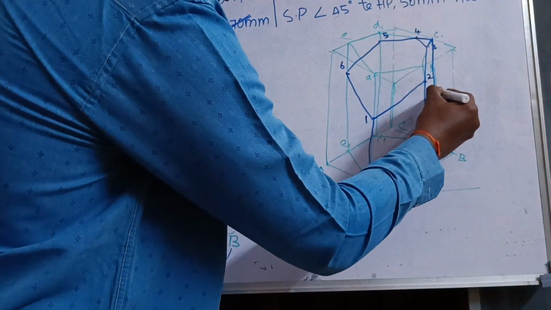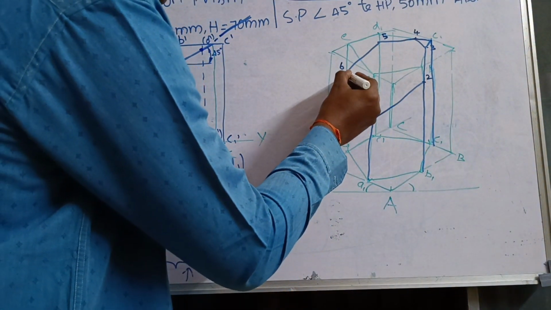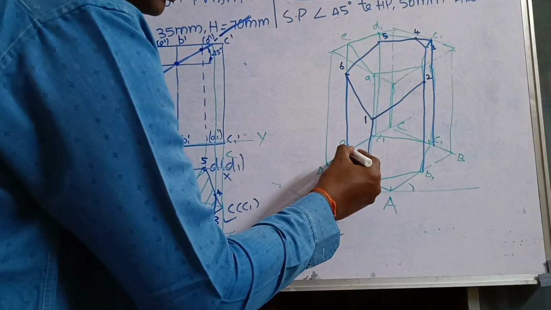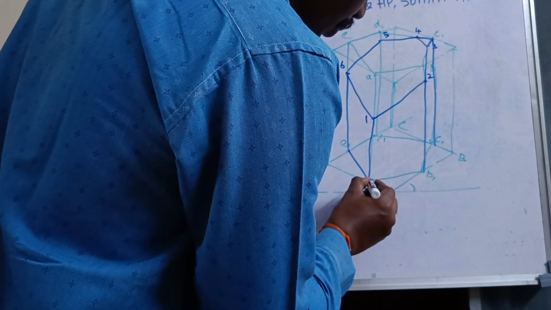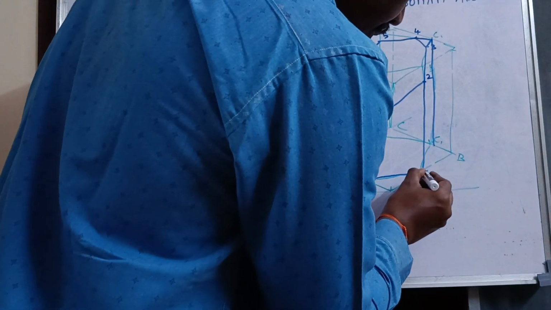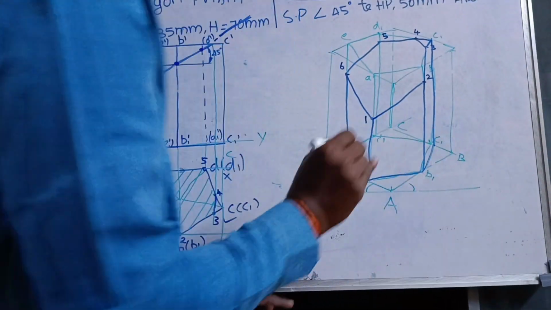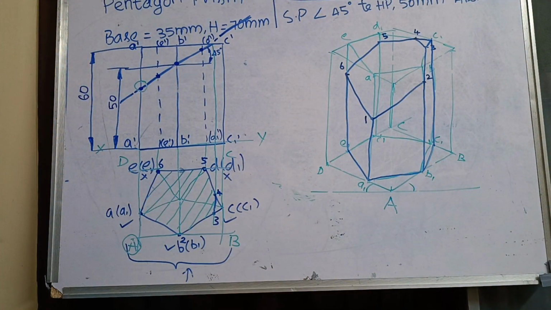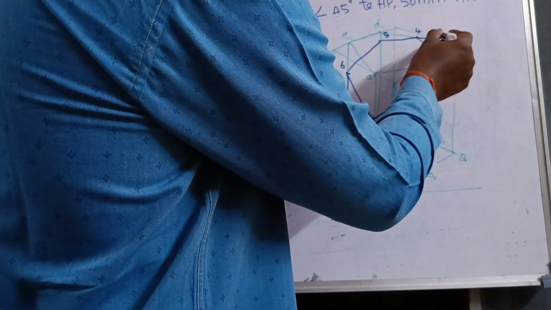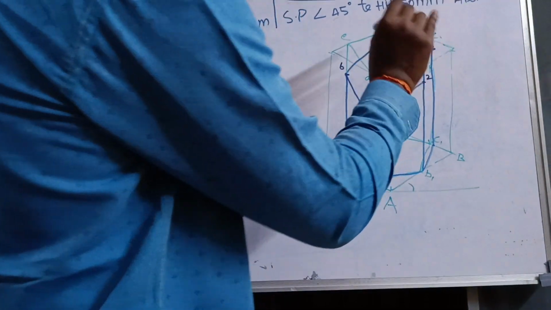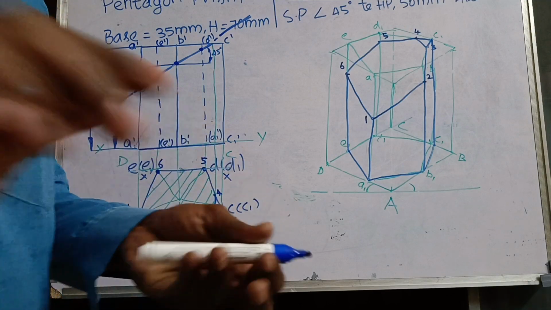Now C1 to C longer edge, then 6 to E1 longer edge. Now we complete the base edges: E1 to A1, A1 to B1, B1 to C1. The remaining base edges are invisible, so there is no need to represent them. In the top edges, 3 to C, C to 4, and 4 to 3 are available. The remaining portions are the sectioned object.